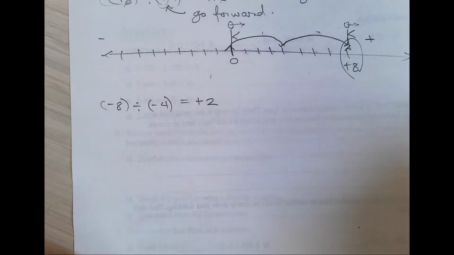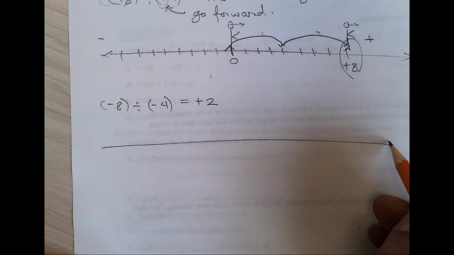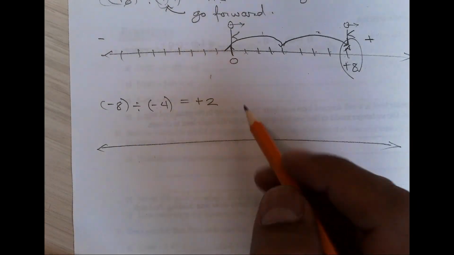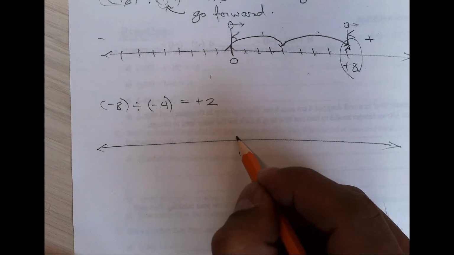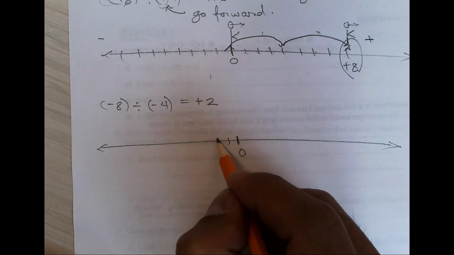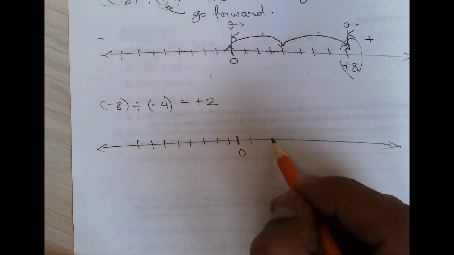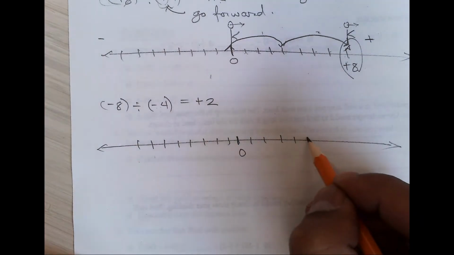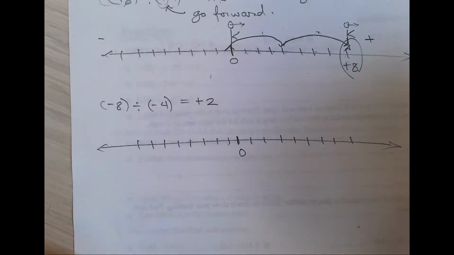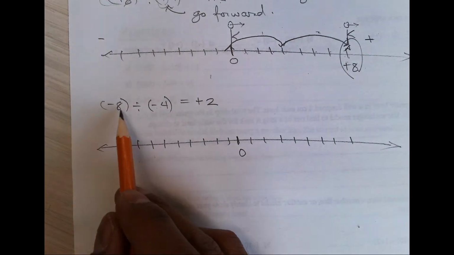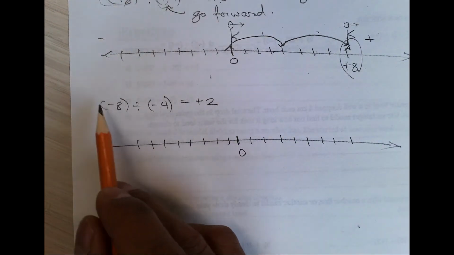Now once again, what does this look like on a number line? Recreate the number line I made here. Indicate for me where your 0 is. Locate where you need to go. Remember, this first number is where we need to go.